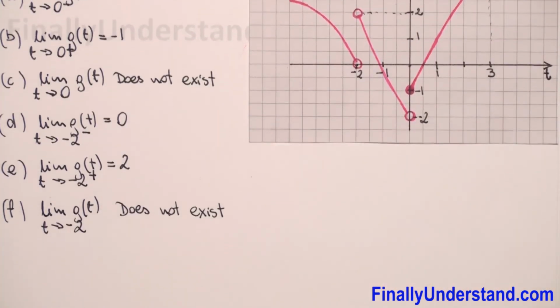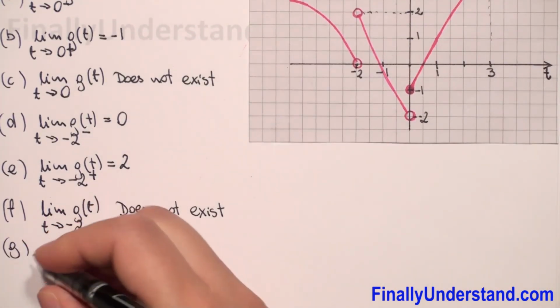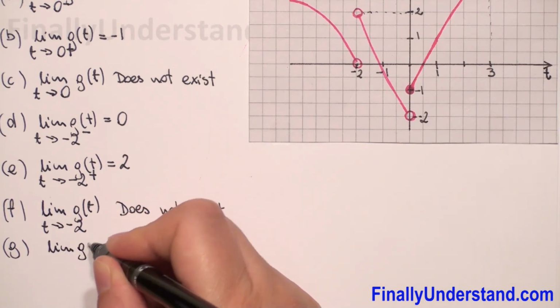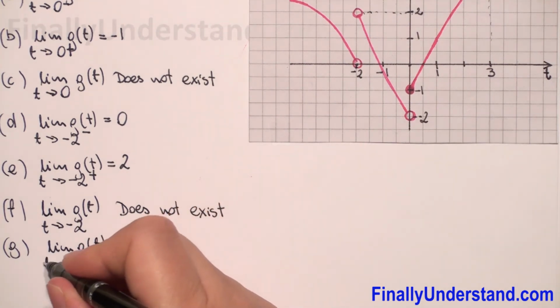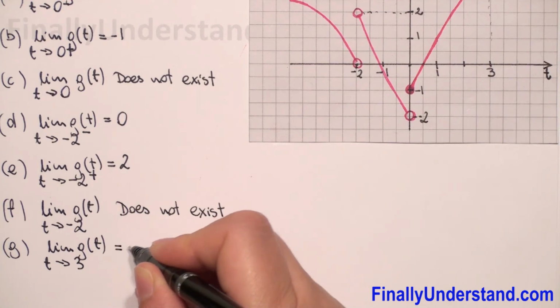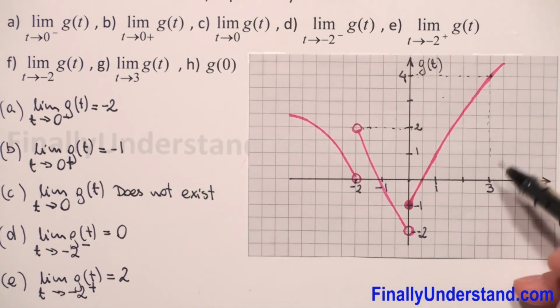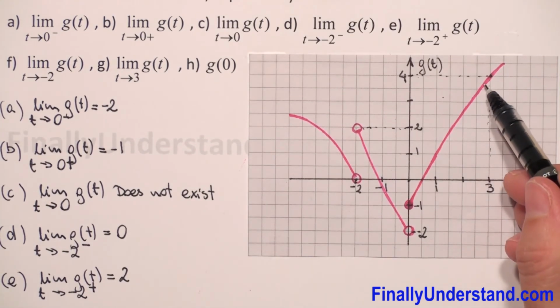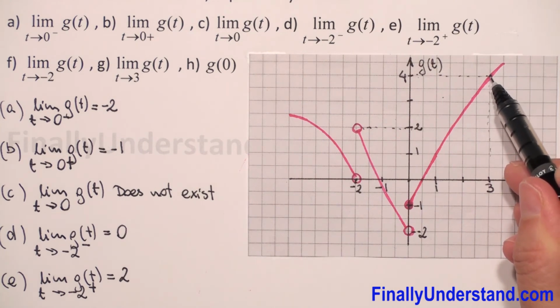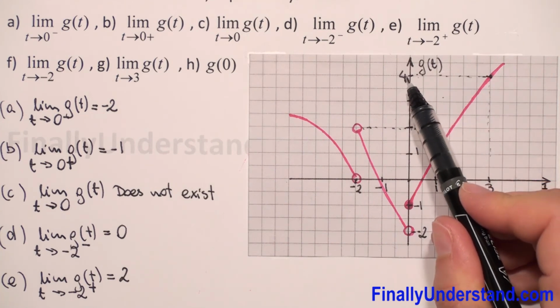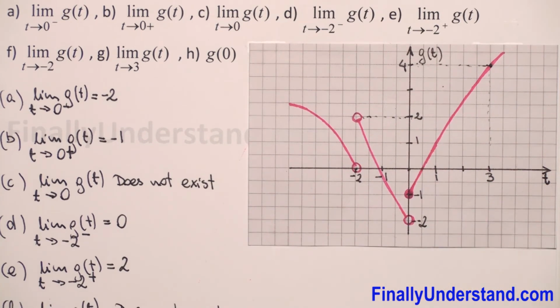So we can write that the limit of g of t as t approaches 3 is equal to 4. One more time, why? Because when we are going to 3 from the left side and from the right side, we are going to that point. And for that point, the value of our g function is 4. So we have the limit as t approaches 3.